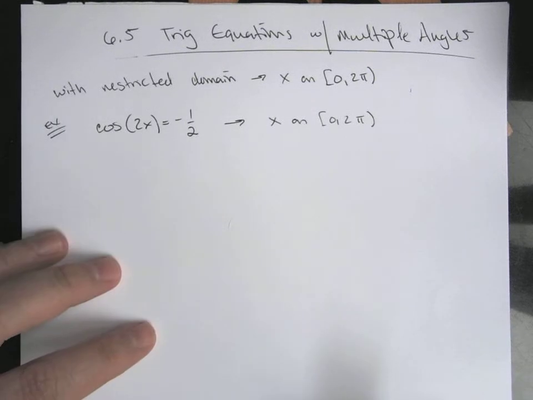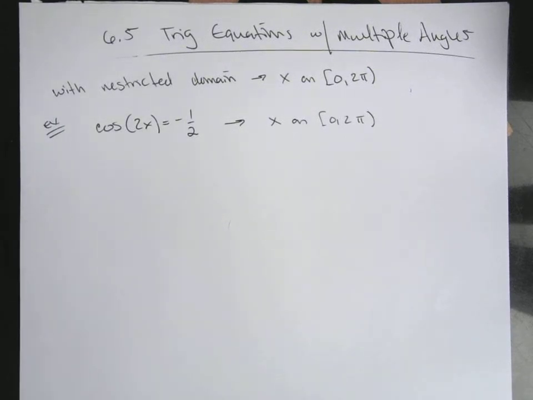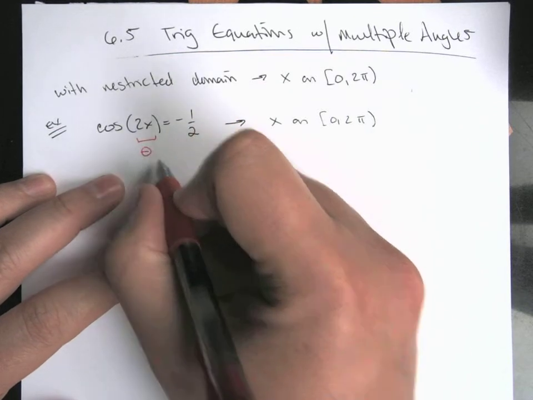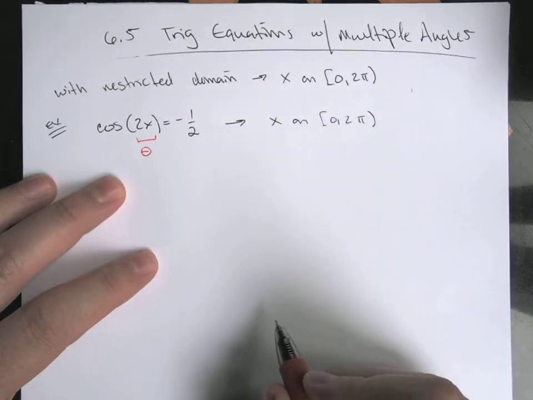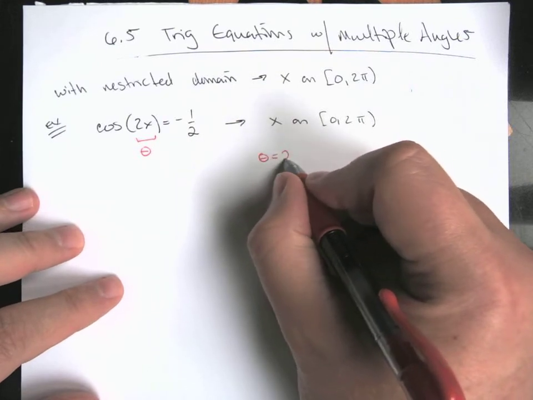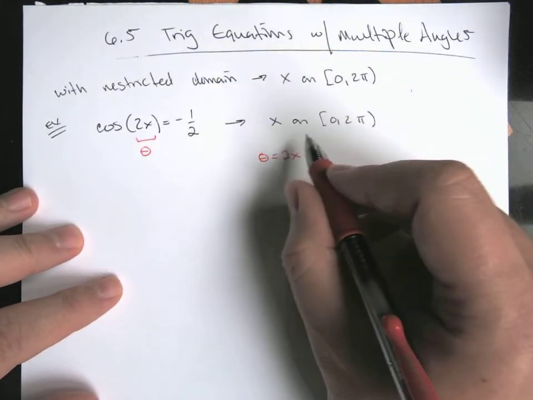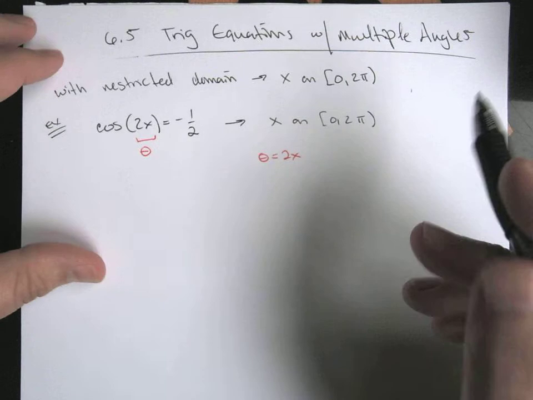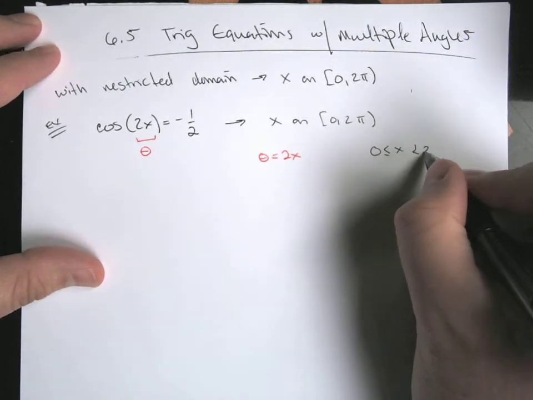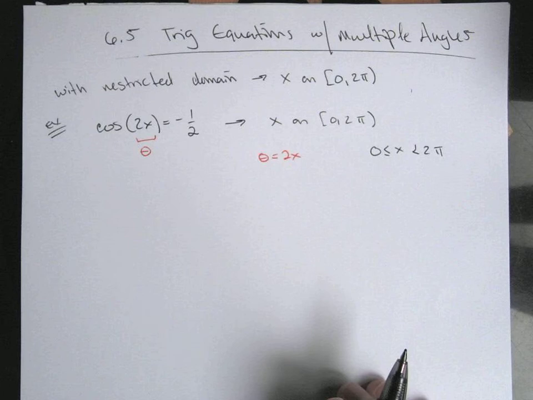So if the x value goes from 0 to 2 pi, well, what's inside the cosine function? What's inside the cosine function is the angle, right, which is 2x. So our angle equals 2x. So if x goes from 0 to 2 pi, we can set up a little inequality.